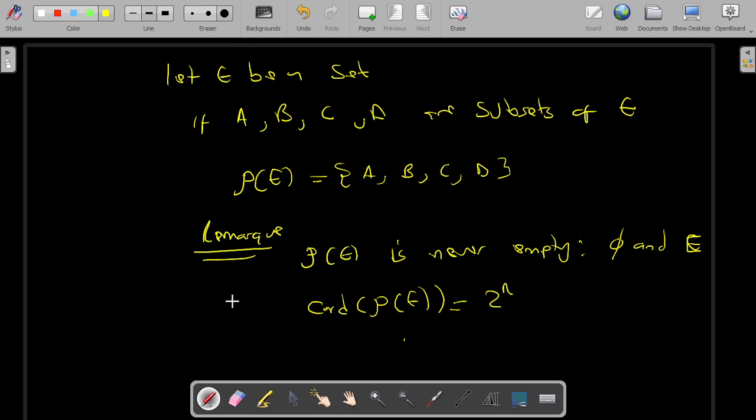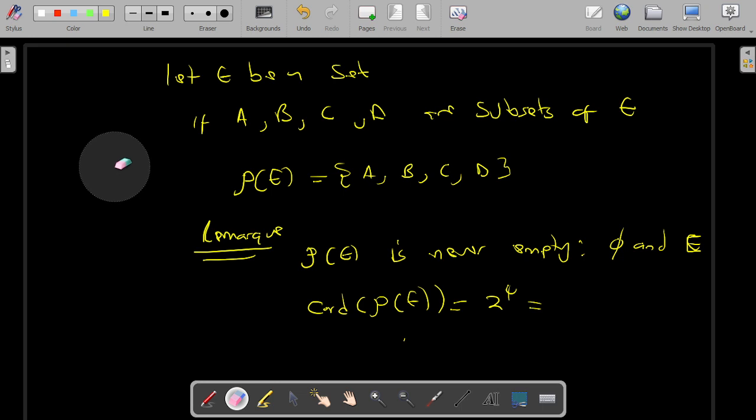So basically, we'll just admit the result. The cardinality of the set P of E is going to be 2 to the power n, where n is the number of elements in this set. All right. So basically, here we have 4 sets, so we're going to have 2 to the power 4, and that is your value.